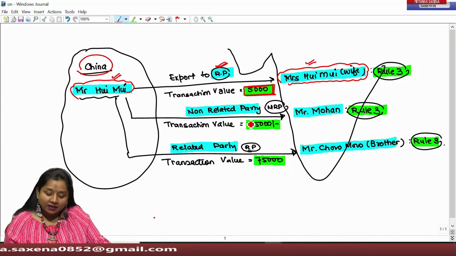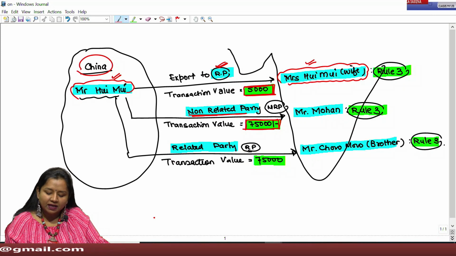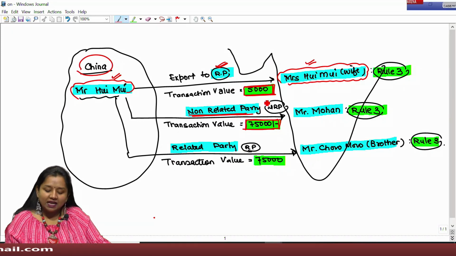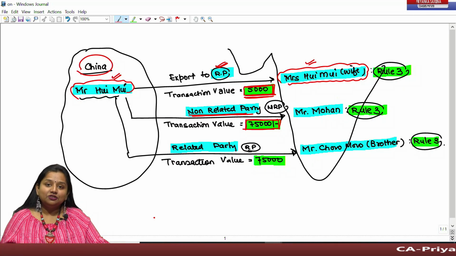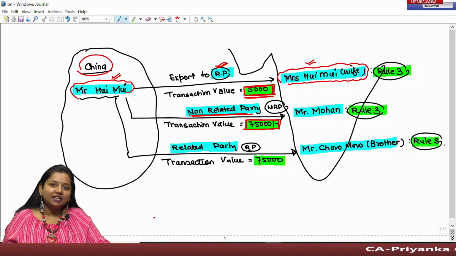That is, the actual price of such goods might be 75,000 if these goods are sold to a non-related party, but since the sale has been shown to a related party, the seller has reduced the invoice price from 75,000 to 5,000, so that duty shall get computed on the basis of such reduced price.